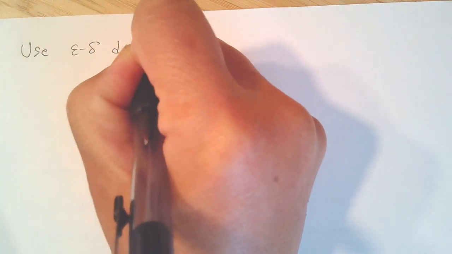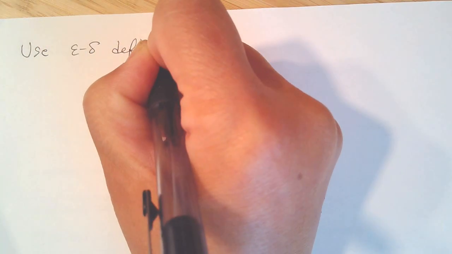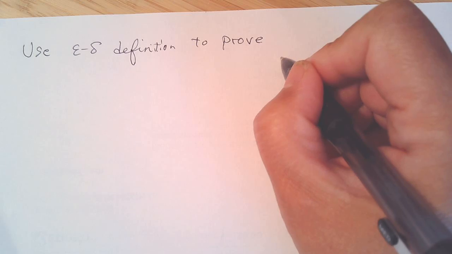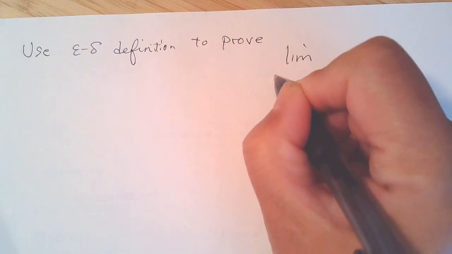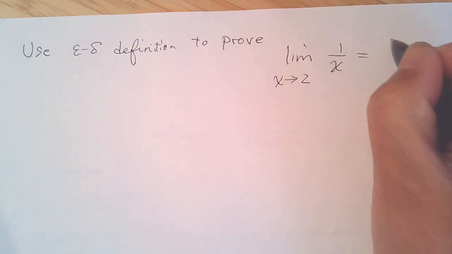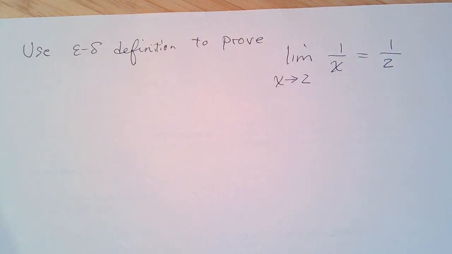So I ask you to use the epsilon-delta definition to prove this: the limit as x approaches 2 of 1 over x equals 1 over 2.